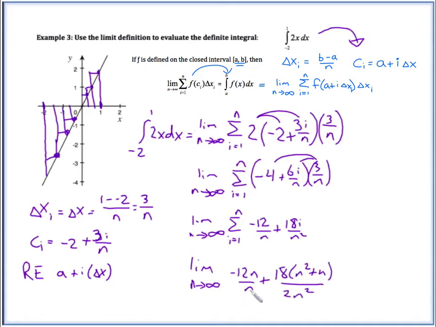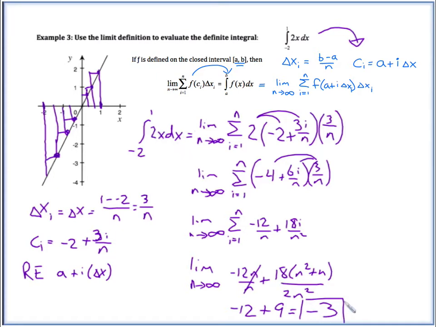If we find this limit, our n's would cancel, so this would become negative 12. And here, the exponents are the same, so it's 18 over 2, so plus 9. And we get negative 3. So the definite integral from negative 2 to 1 of 2x dx equals negative 3.